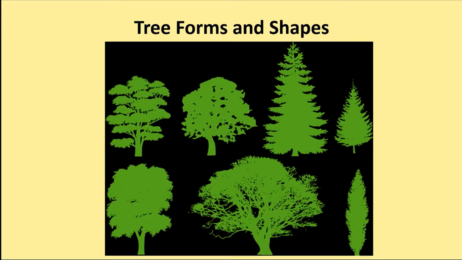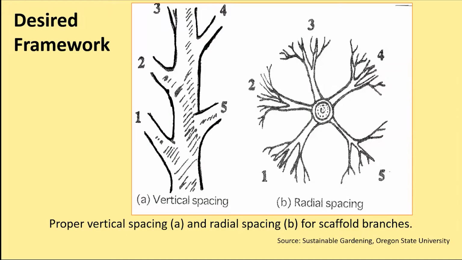Before we prune, we should definitely have a good idea of how our plant is supposed to look and use that as a baseline. And secondly, when we're looking at a tree, and sometimes the larger shrubs, it's important to think about what is the desirable framework which will allow this plant to grow strong.